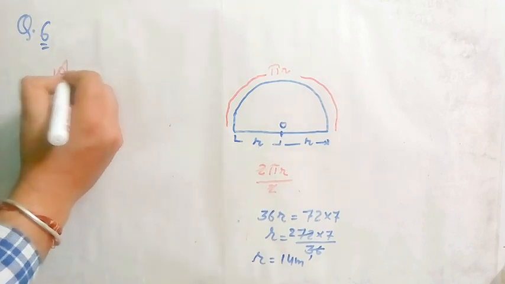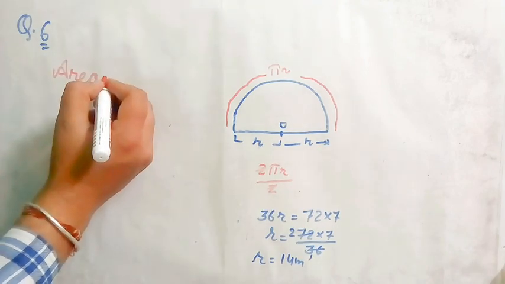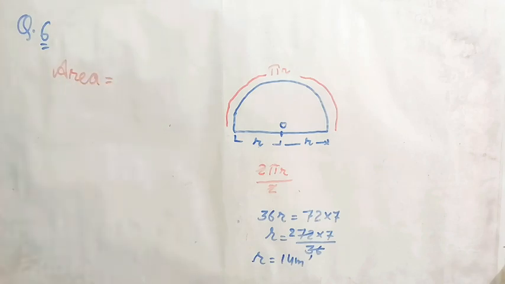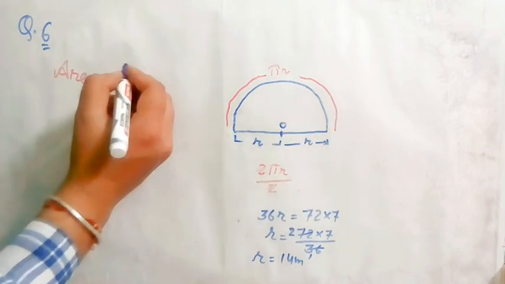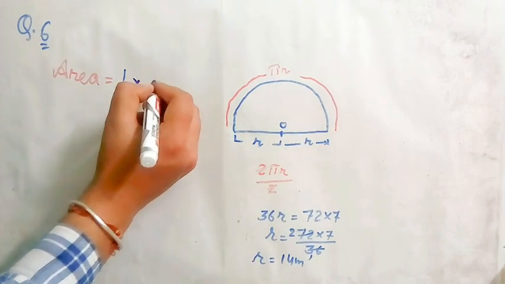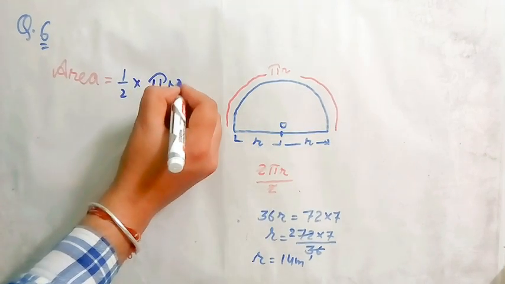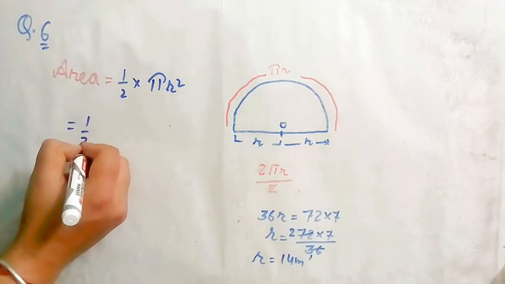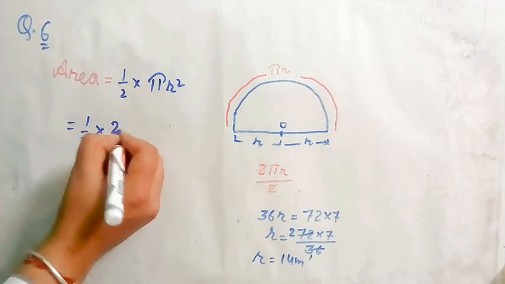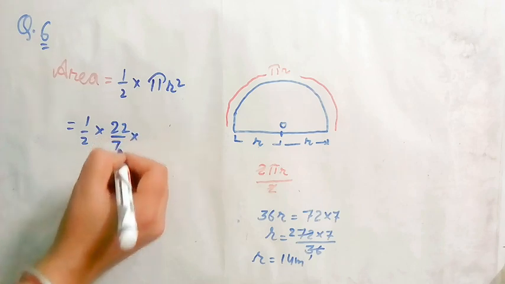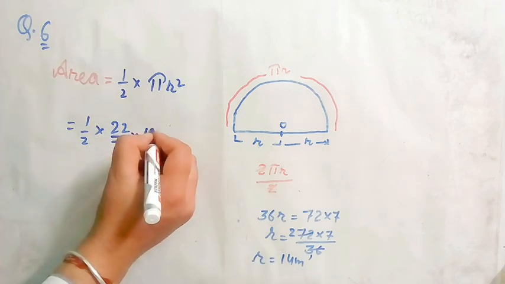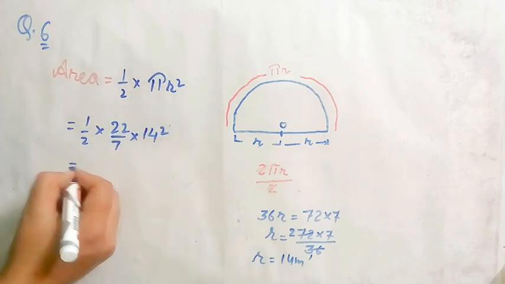Now we have to find out the area also. The area of a circle is pi r square, but here it is a half circle, so the area will be half multiplied by pi r square. Half multiplied by pi is 22 upon 7 and the radius is 14 now, so 14 square.